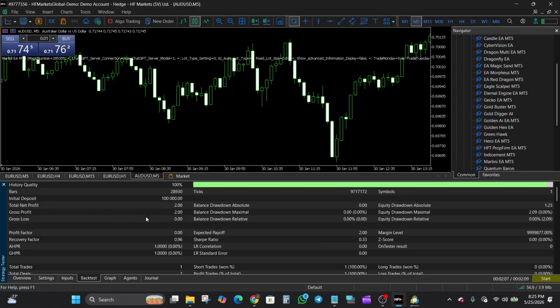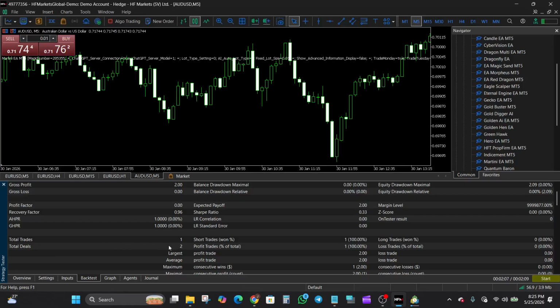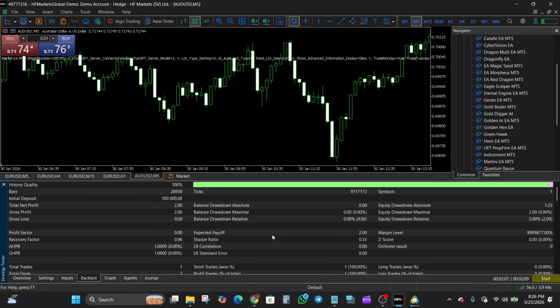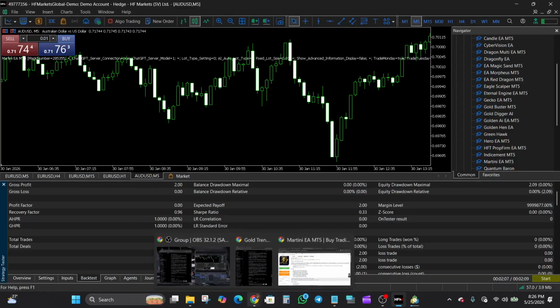Now we can see that from an initial deposit of $100,000, the total net profit was $2. Just one total trade was taken, and it was a short trade, and of course it was a winning trade. Now the largest profit trade obviously is going to be two, and the average profit trade will be two because it was the only trade taken. So there is not much to talk about here, okay, because we are analyzing just one trade, right?